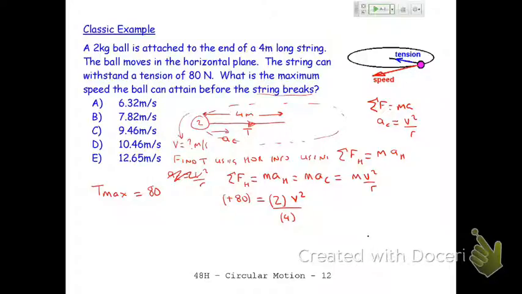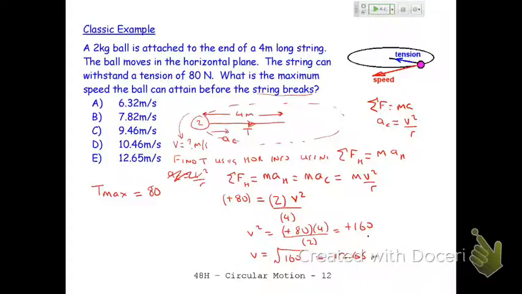What's the mass? So this gives us that V squared is equal to plus 80 times 4 over 2, which equals plus 160. So V is equal to the square root of 160, which equals 12.65.